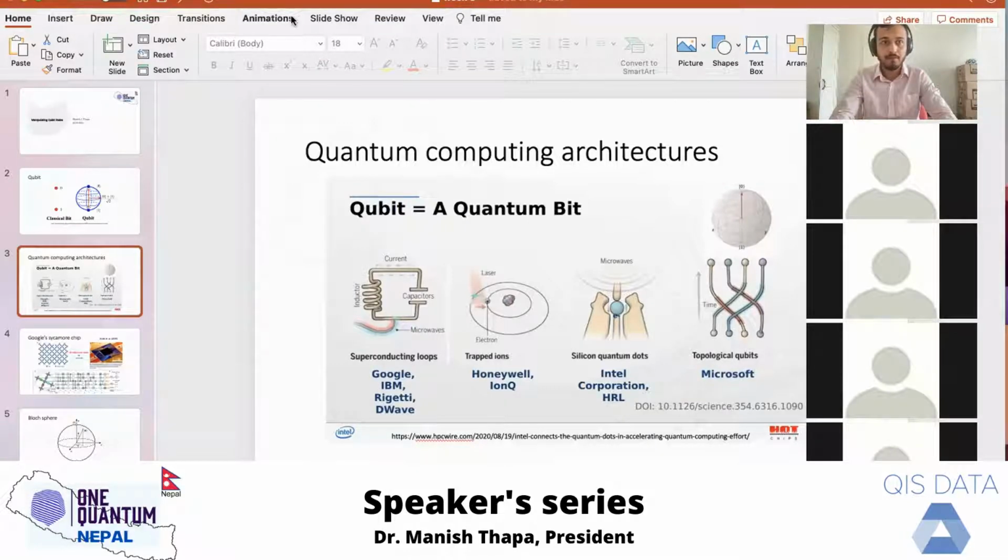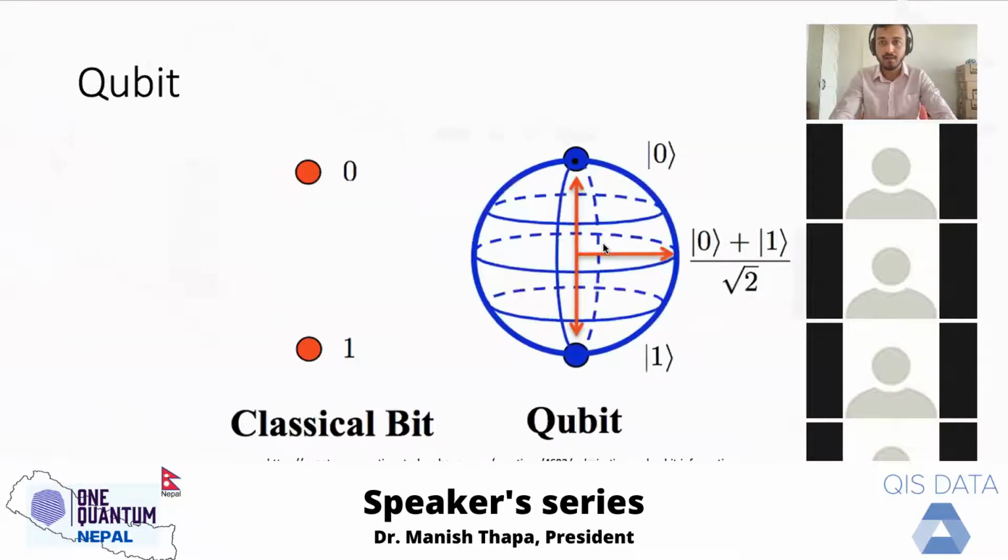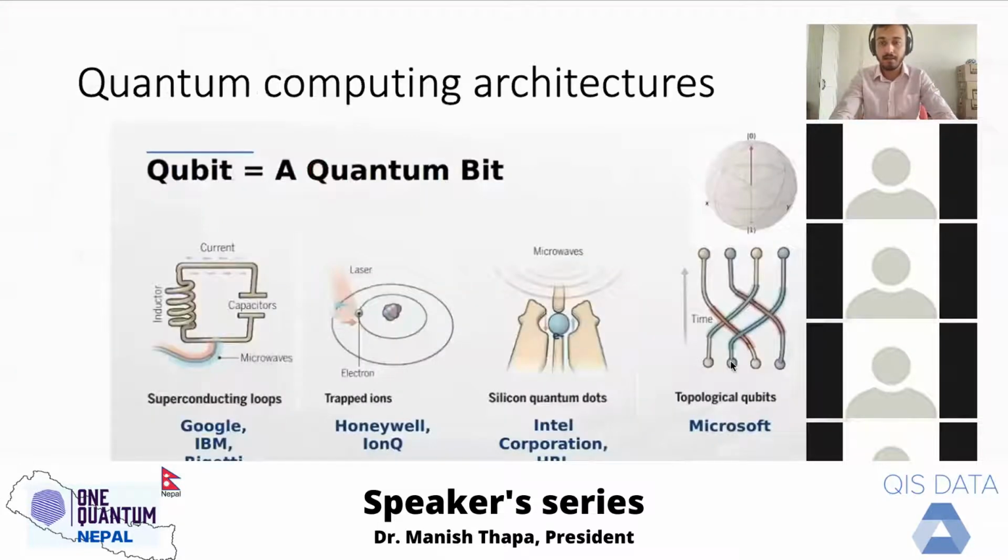Let me do a slideshow, full screen. This is not very well understood, and they are still investigating that. But if they can somehow build this, it'll be revolutionary, because topological qubits hold the promise that decoherence, which means noise, will be almost noise free.